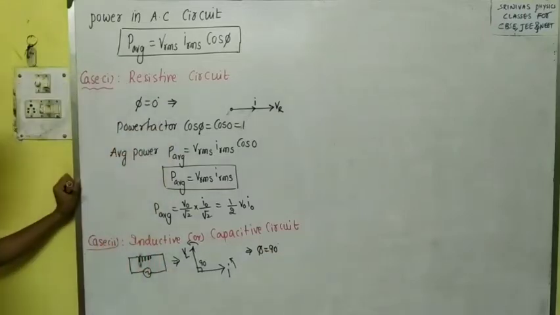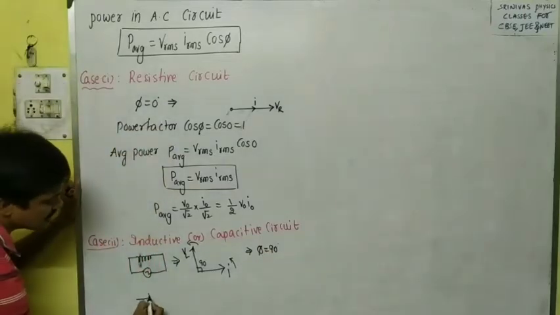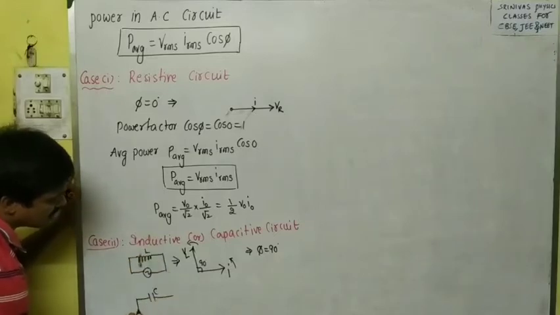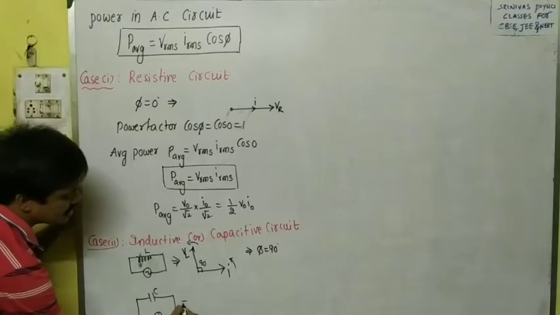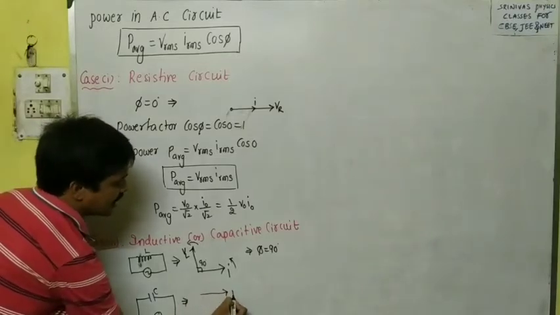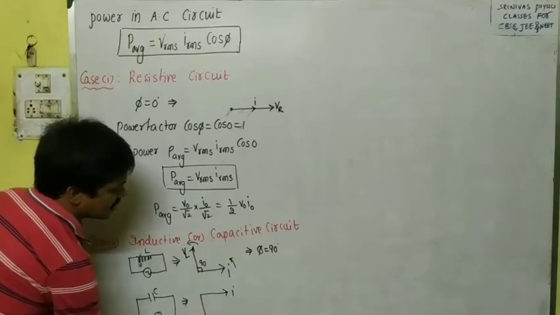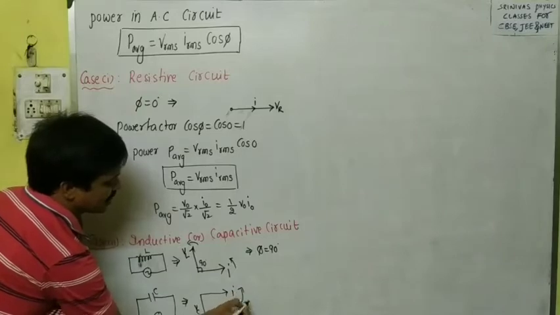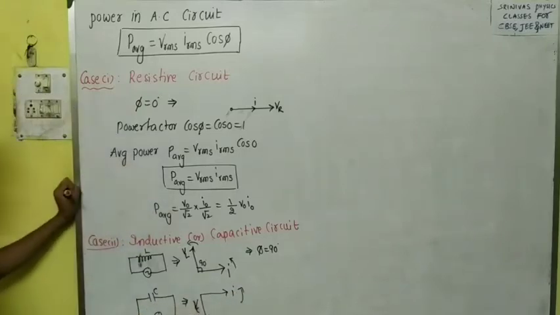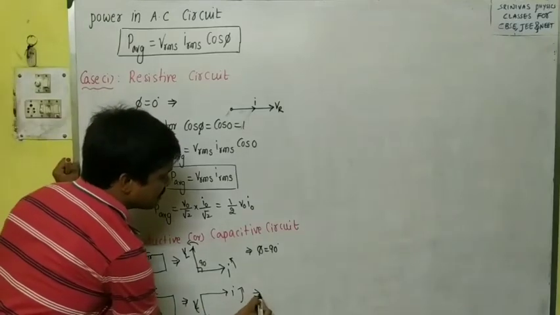In the case of a capacitive circuit, this is a capacitor connected to the AC source. This is the current and this is the voltage across the capacitance, V suffix C. Here also the phase difference is 90 degrees.